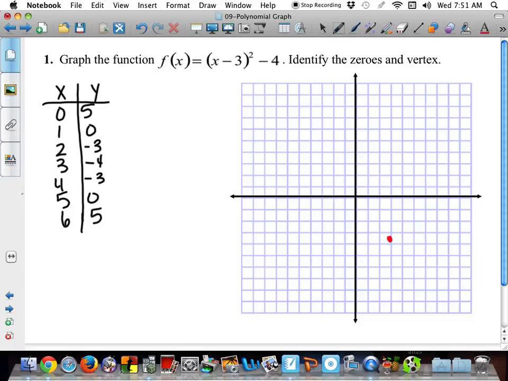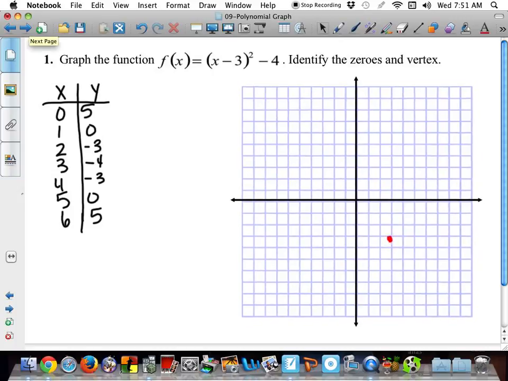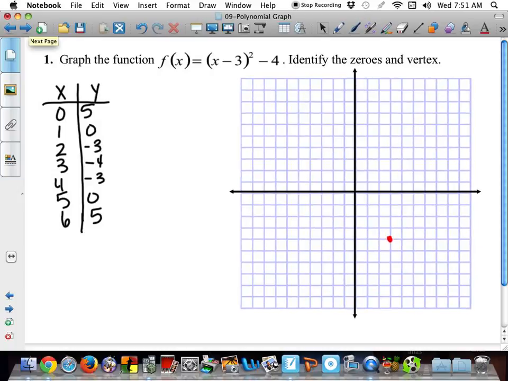Here we go. Slightly off. Oops. There we go. And then label your points. So this is (3, -4), our vertex. My zeros are (1, 0) and (5, 0). So again, just sketching the graph.